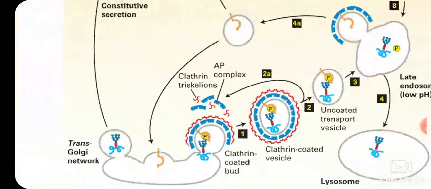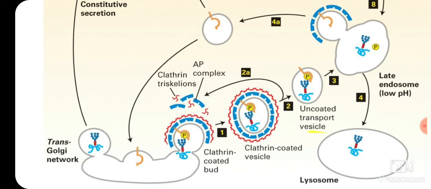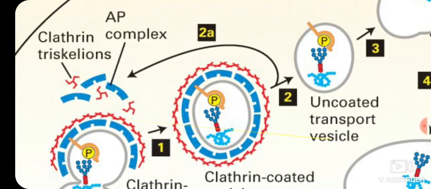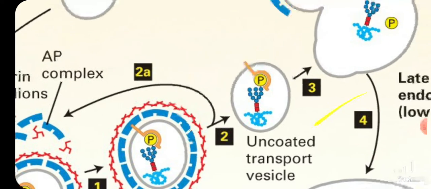This particular receptor is going to bind with the proteins which have mannose 6 phosphate at the terminal. This receptor is present at the membrane of the trans-Golgi network, and once the protein binds with it, through the clathrin coated coatomers there will be formation of a vesicle. It forms a clathrin coated vesicle, and later this clathrin coated vesicle undergoes uncoating and forms a transport vesicle.